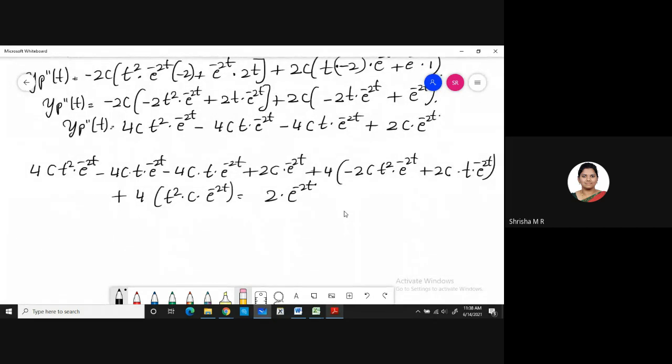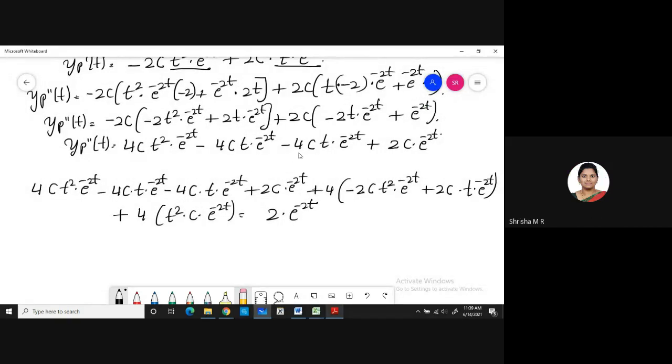Try solving this. Ma'am, in yp double dash of t, the in between terms are the same, no ma'am, we can add up the second and third term. Yeah, 4c t into e power minus 2t, yes.